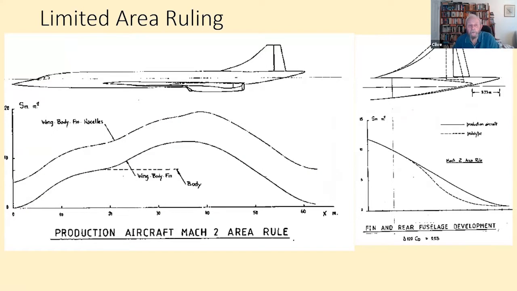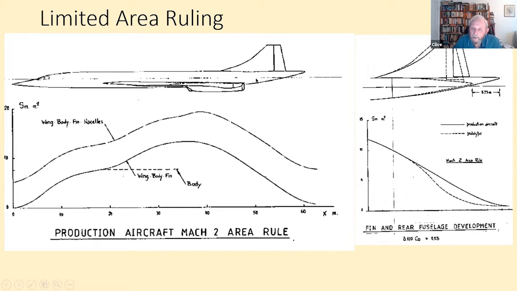People have mentioned that we don't seem to have area rule on Concorde. And it's true, we didn't actually waist the fuselage or anything of that sort. But as you can see, the area rule is actually not too bad, even with our unwaisted fuselage, if you like.